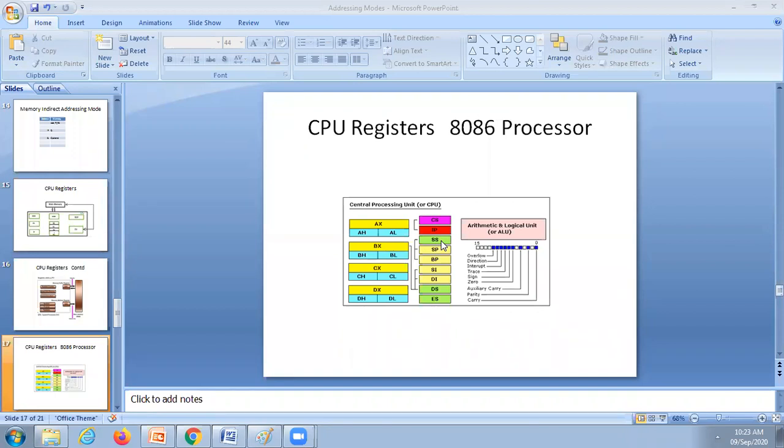What do you mean by stack? Respond please. Where is the stack, and how is it used? What do you mean by a stack? Do you know it or not?